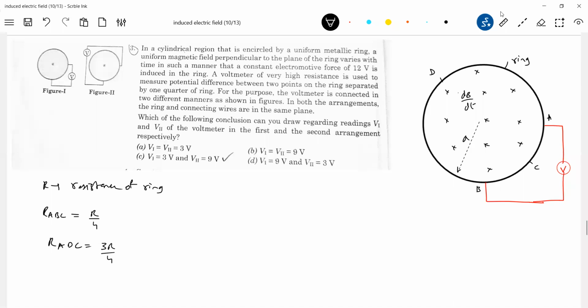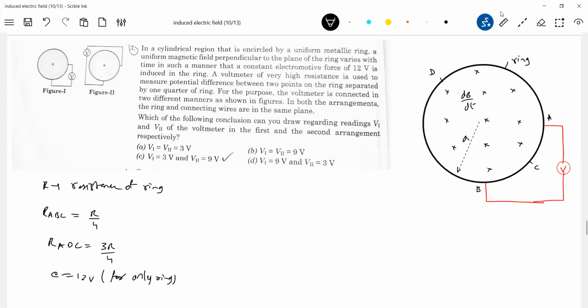Now what all EMF is induced? 1/4 will be induced across ACB, and another 3/4 will be induced across ADB. What are we saying, no? And what is the total EMF induced across the ring? 12 volt for only the ring. This is the background.